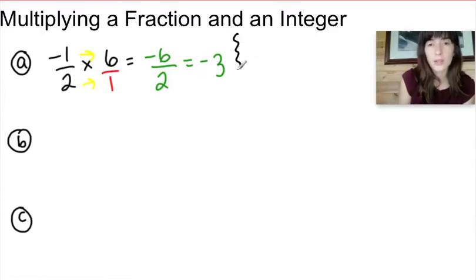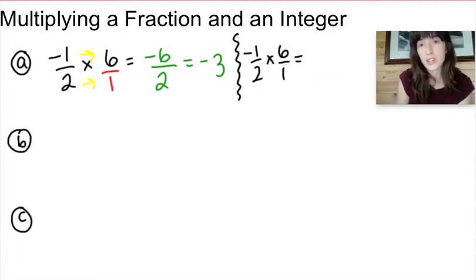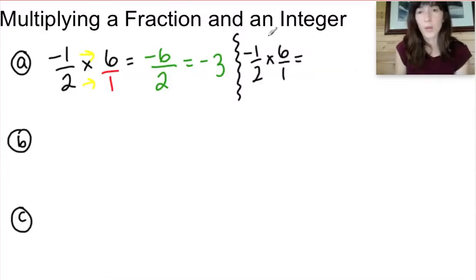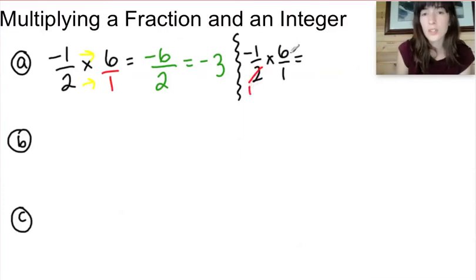You might notice that what we could have done here was cross reduce. So I highly recommend trying to get in the habit of cross reducing. In cross reducing, I notice my 1 and my 1 don't really cross reduce because I would just cross them off and put 1. That doesn't make sense. But my 2 and my 6 reduce. 2 goes into 2 one time, and 2 goes into 6 3 times. So you're kind of dividing.